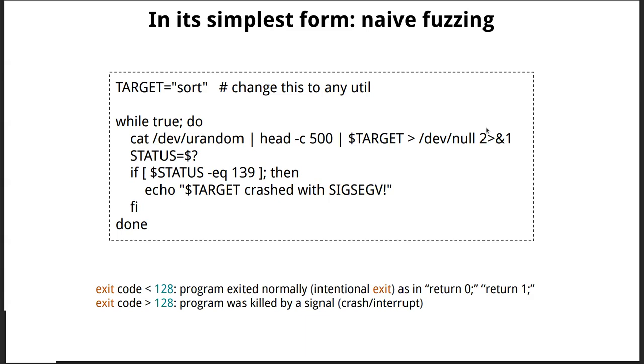We do not really care about the output of the program, so we redirect the output to /dev/null. We also do not care about the stderr messages, so we redirect those too. What we care about is how this program returns.